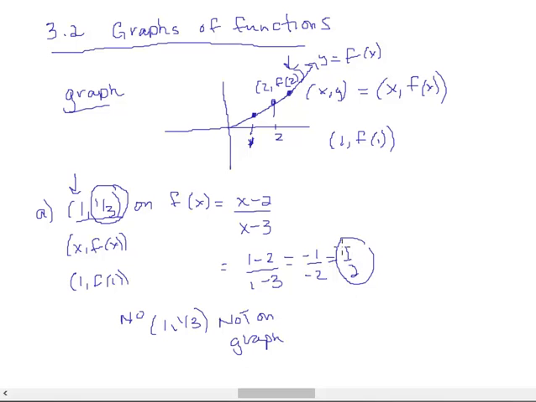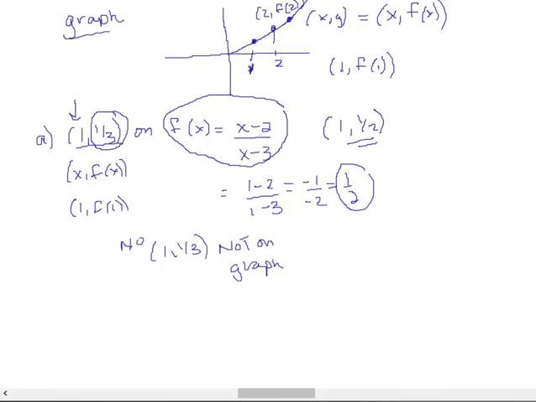And since we got 1/2 when we plugged 1 in for x, what point would be on the graph? Well, we just found out when x equals 1, f of x is 1/2. So that would be the point that is on the graph of this function.